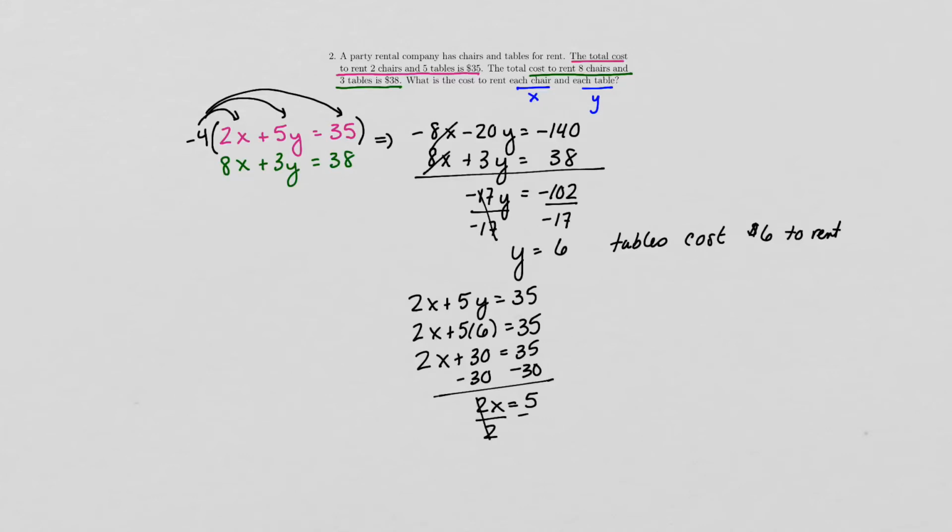Divide both sides by 2. x equals 2.50. So the chairs cost $2.50 to rent. So again, as you go through the problems, you're trying to look to see, how can I make one equation? How can I make another equation? So let's try another one.